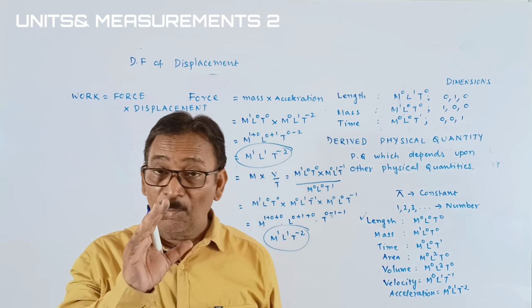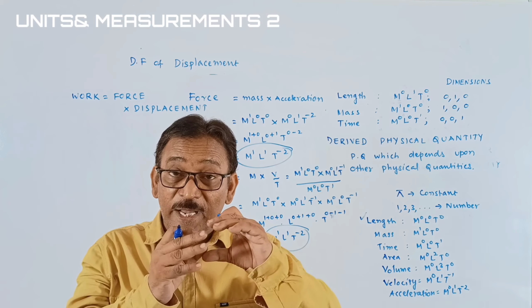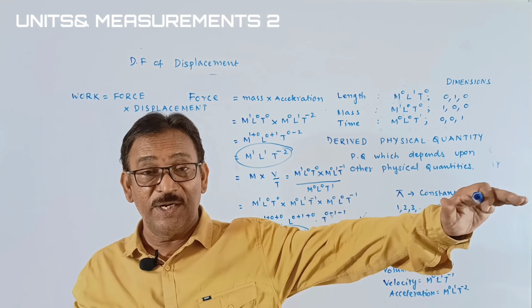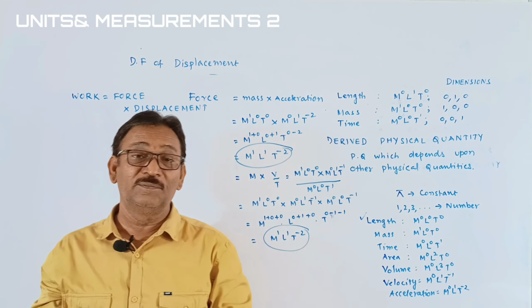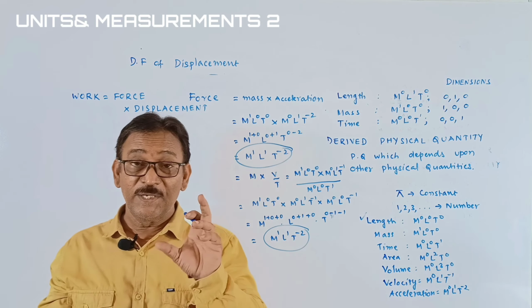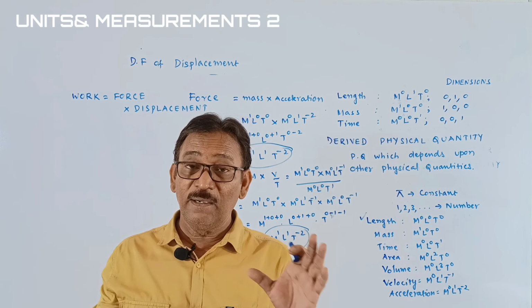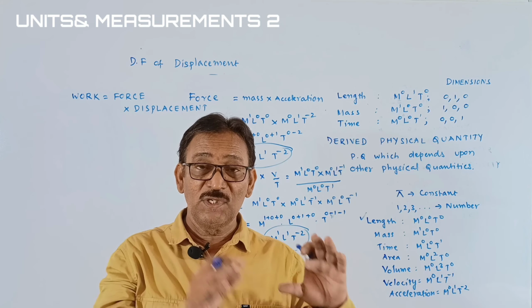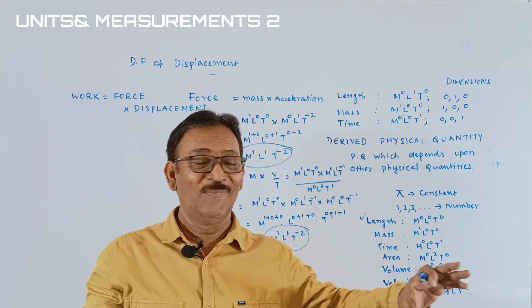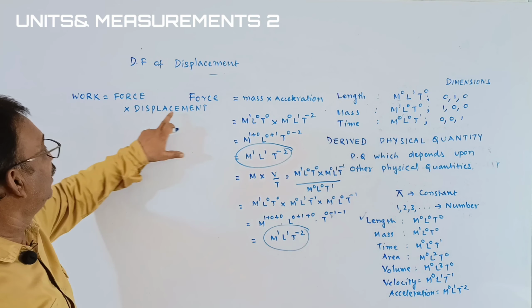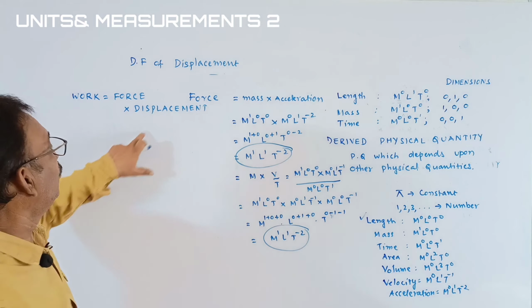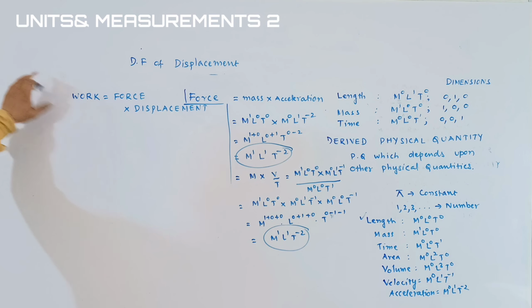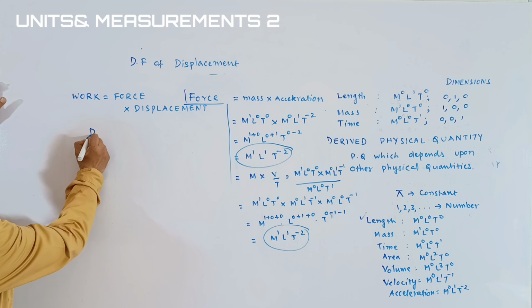By the application of the force, if a body gets displaced, displacement means what? It has to move along a straight line. Then work is said to be done. That means force has to displace a body. That's why I wrote force multiplied with displacement. The dimensional formula of work is what?